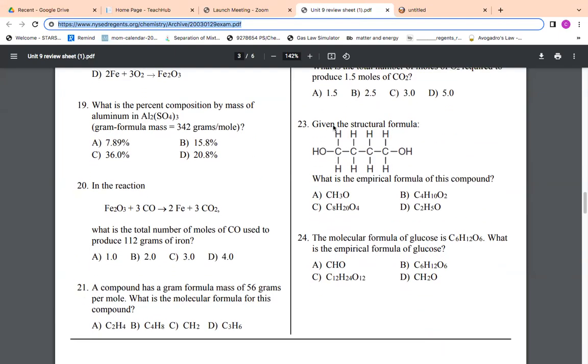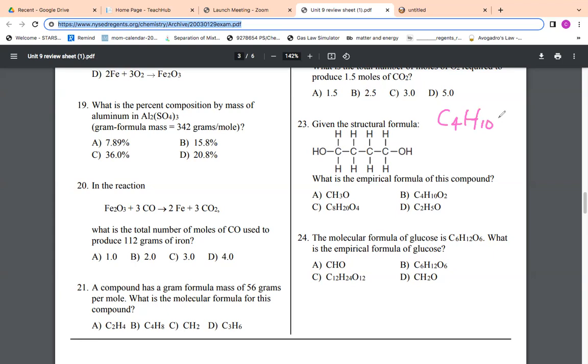All right. 23, given this structural formula, what is the empirical formula of this compound? From the structural formula, we can figure out the molecular formula. There's 1, 2, 3, 4 carbons. There are 1, 2, 3, 4, 5, 6, 7, 8, 9, 10 hydrogens.